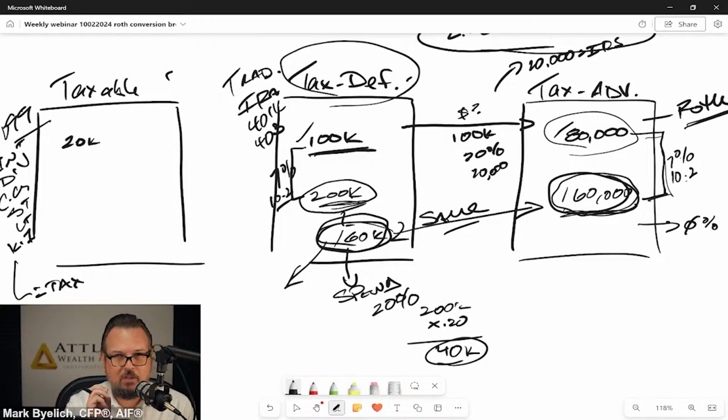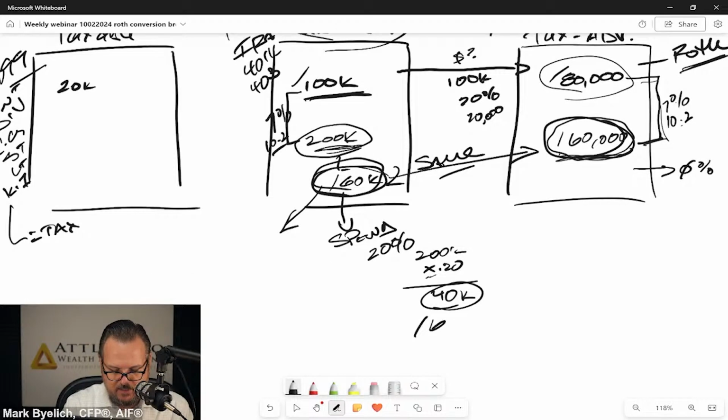So then the only variable is the future of tax rates. Because if taxes go up just 1%, and now instead of $20,000, right? So your net here is $160,000 at 20%. Instead of that, what if it just goes up 1%? Now we're at $200,000 times 0.21 or 21%.